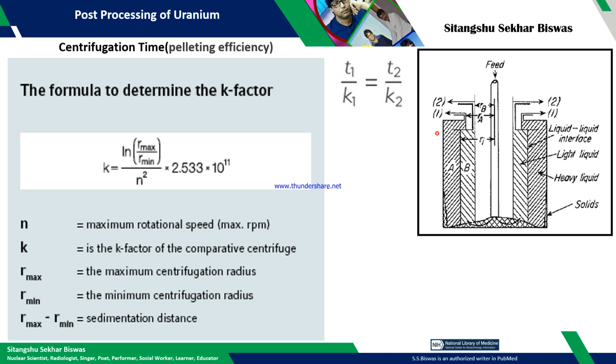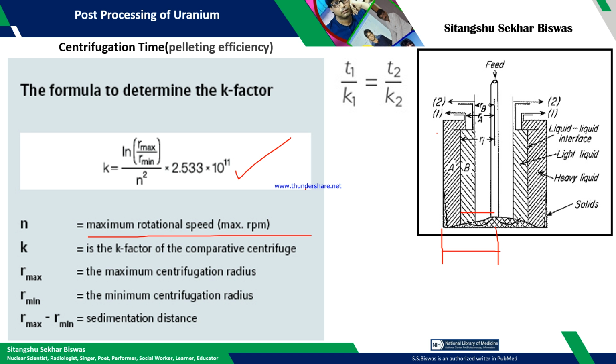Empirically it is expressed as K equals natural logarithm of R max by R min, into 2.533 into 10 to the power 11 by n square, where n is the RPM of the rotor. In this case R max is this one, and R min is this one.